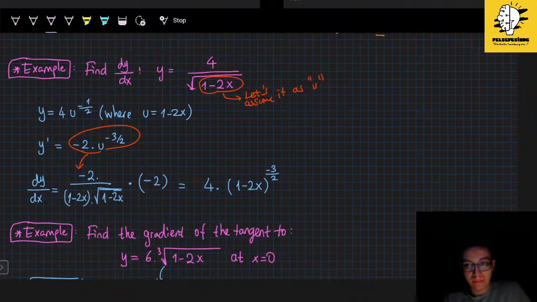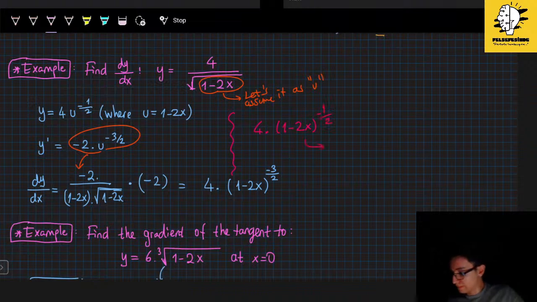And if we take its derivative first, we can see that it is 4 times minus 1 over 2 times 1 minus 2x to the power of 3 minus 3 over 2. You reduce it by 1, so we are left with 3 minus 3 over 2.